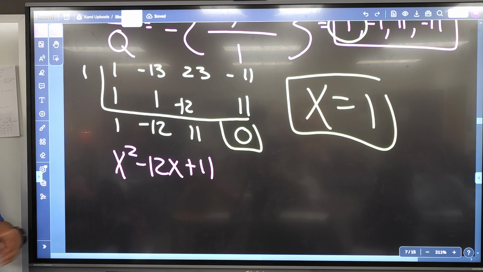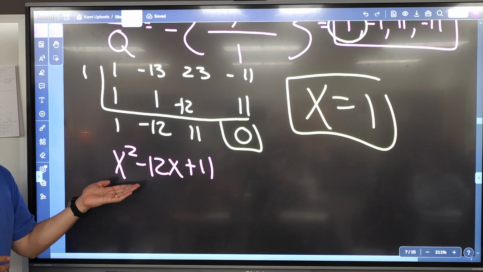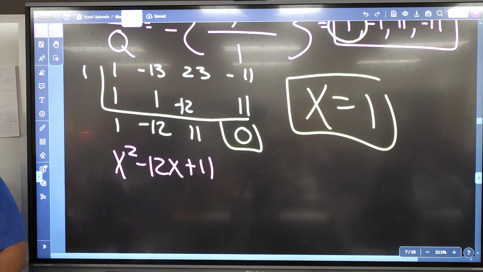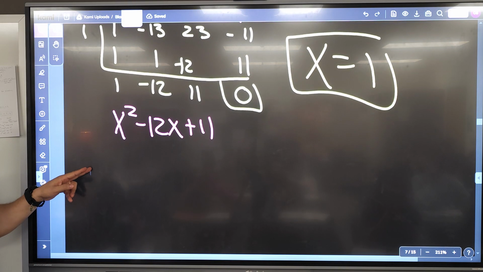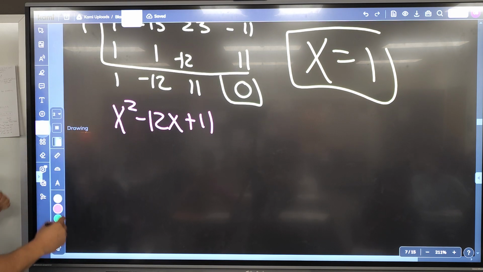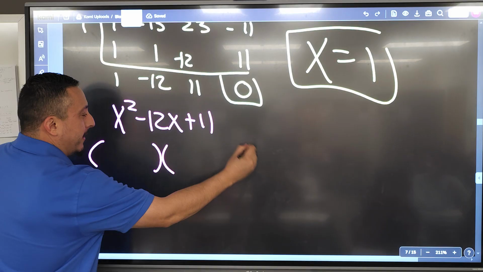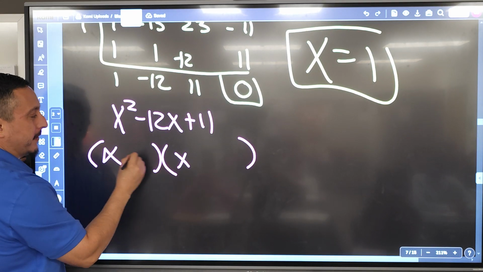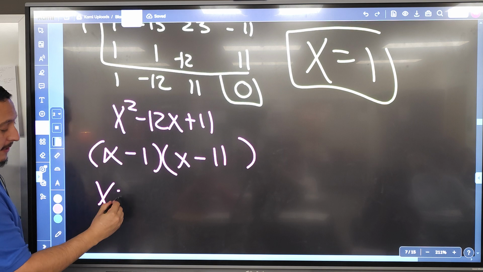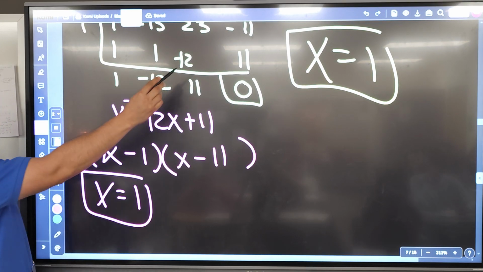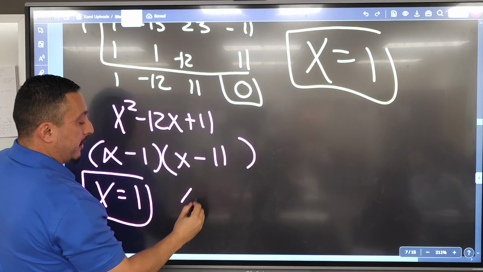Sometimes you get here and it's this nasty problem where you have to use the quadratic formula or do other stuff. So we left that for another year. We just keep it basic right now. So your root is at 1, double root, and at 11.